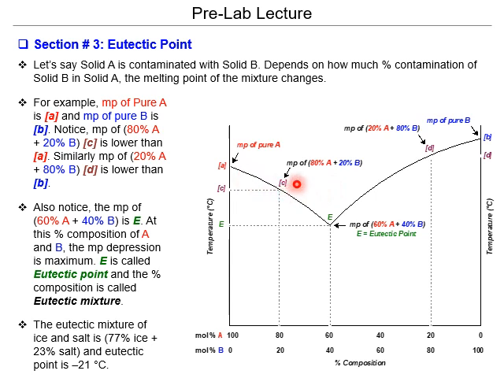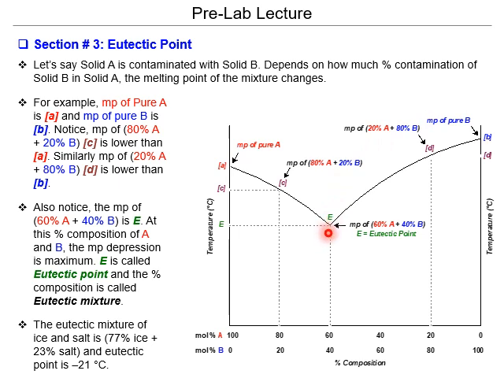So the temperature C will be less than A. But when we have a mixture of 20% A and 80% B, the impurity here is A, and so the melting point is lower than B, which is the melting point of pure B.